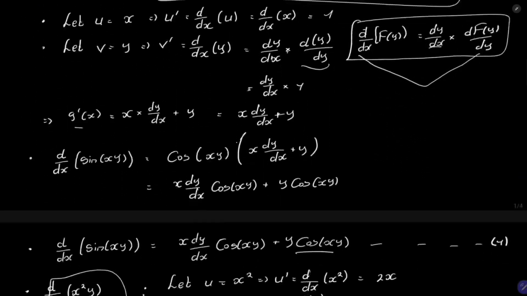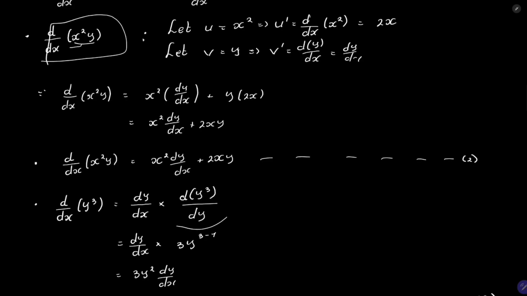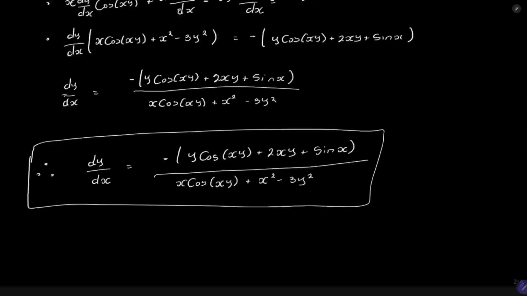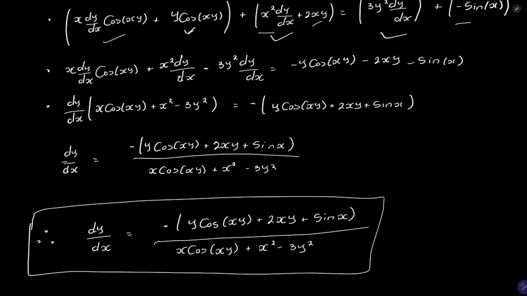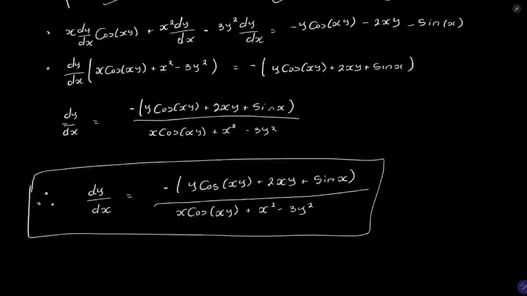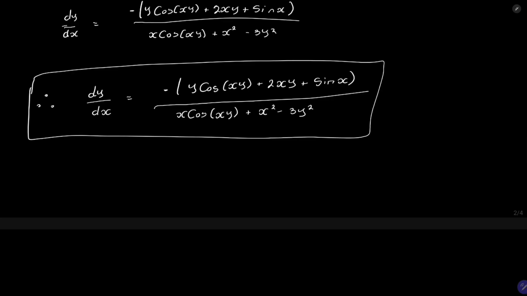After differentiating each term, we make dy/dx the subject of the formula in order to find it. So we're left with dy/dx being the function negative in bracket, y cos xy plus 2xy plus sine x bracket close, all divided by x cos xy plus x squared, is this plus? Yes, minus 3y squared.